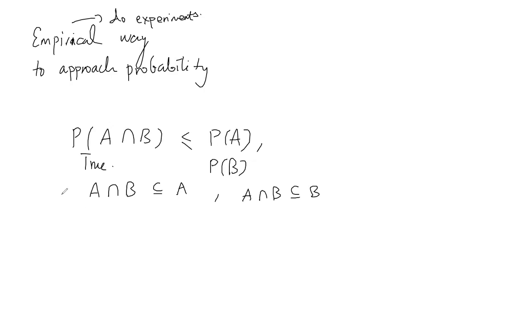So when you apply a probability on this set, this probability is definitely going to be less than the probability of the larger set, okay? So this is at least from theory. But intuitively, we are correct even when we don't write it down formally.